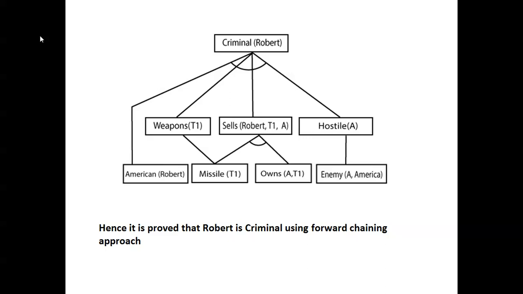Hence it is proved that Robert is a criminal using the forward chaining approach. This is the way it moves, searching the data through American Robert, weapons T1, missile T1, sells Robert T1 A, and so on, and finally Robert is proved a criminal.